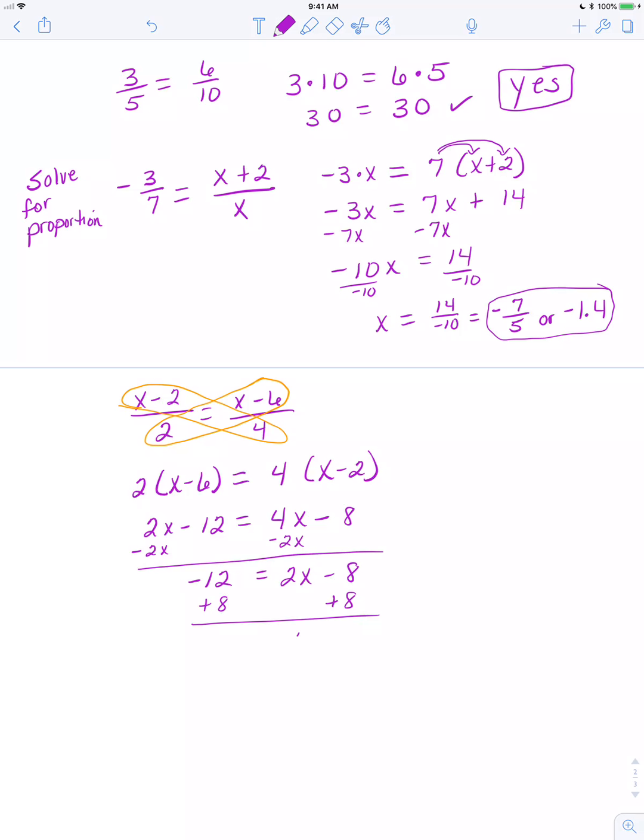And that leaves us with 2x over here is equal to negative 12 plus 8 gives us a negative 4. Divide both sides by 2. So x is equal to negative 2.